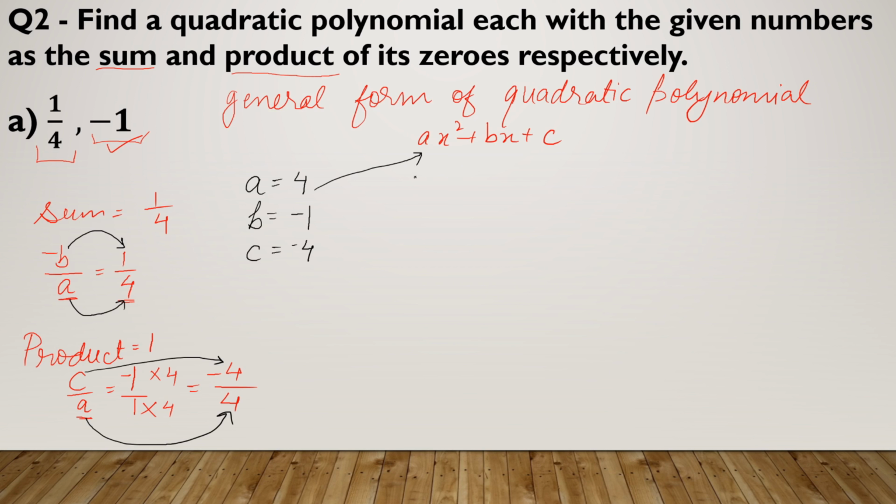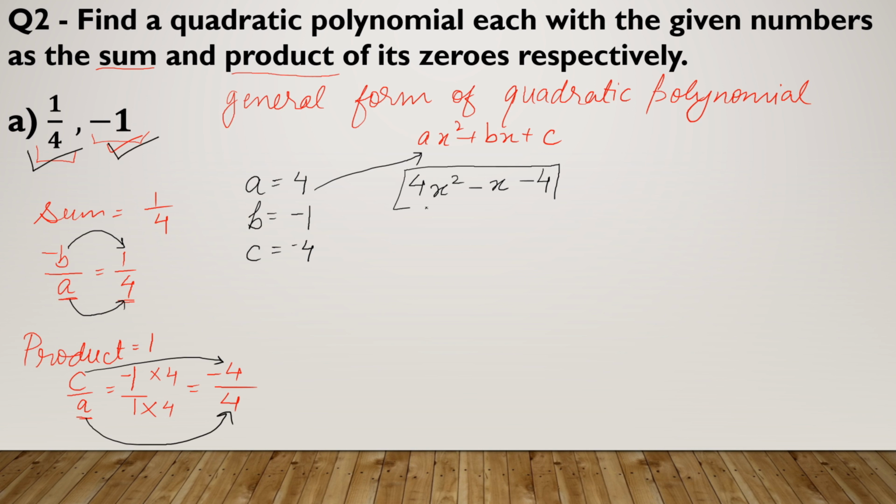So we'll get 4x square minus 1x or simply -x minus 4. So this is your quadratic polynomial whose sum is 1/4 and the product is -1.